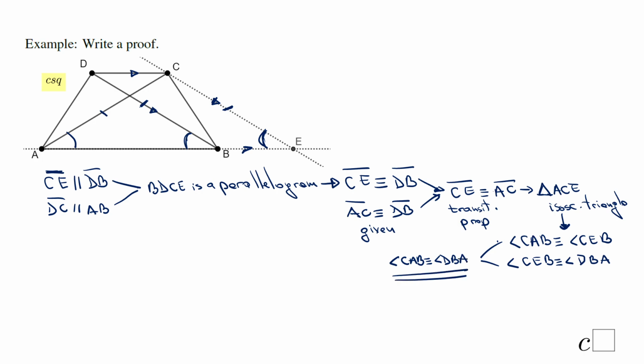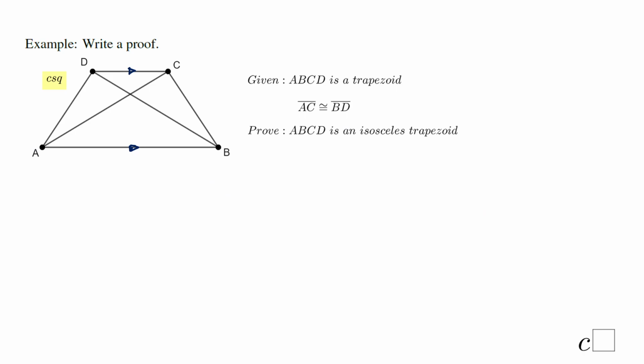That's something very important now, because I can go back to my original picture. Let me go back here. And we know now these two angles are congruent. So we're going to take the same triangle as in the previous proof, the triangle ACB, and we know this is the angle I mark.